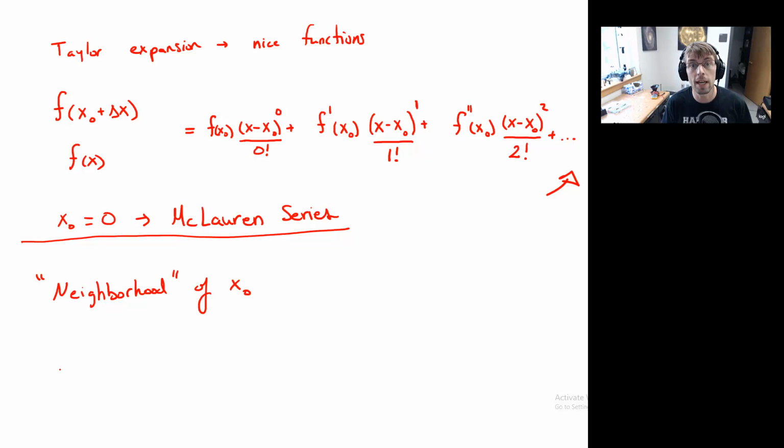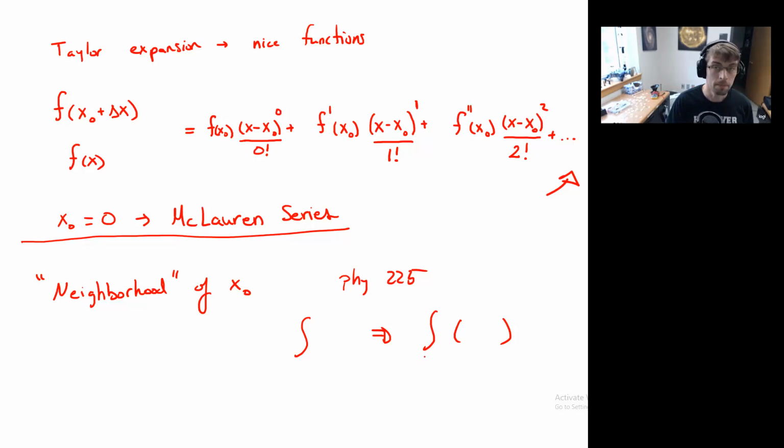But you could do a Taylor expansion and get an approximate function value and then integrate that. In fact, that's usually what happens. If you ever take Phys 225, modern physics, for example, that's something that happens. We get this terrible integral and we do a Taylor series expansion and then get something that we can actually integrate by hand. Okay, good.